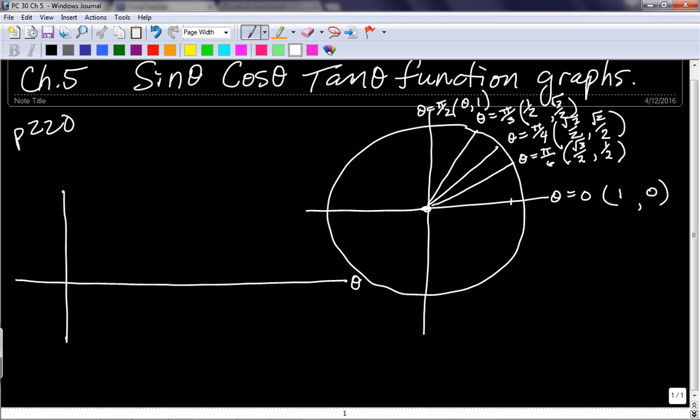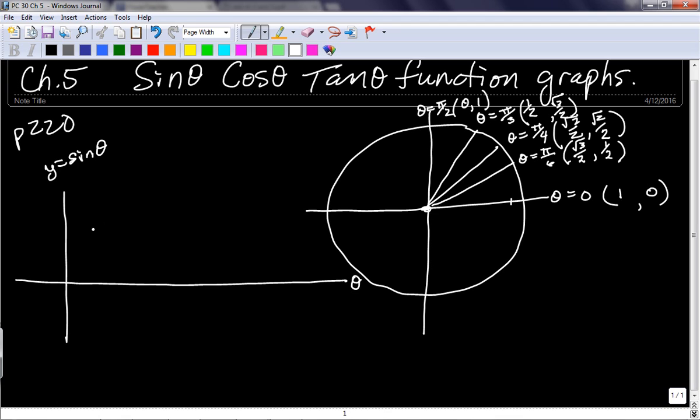And the y value is going to be the ratio values. So in this case, y equals sine theta. We'll do sine first. So y equals sine theta, and of course the x-axis is the theta.